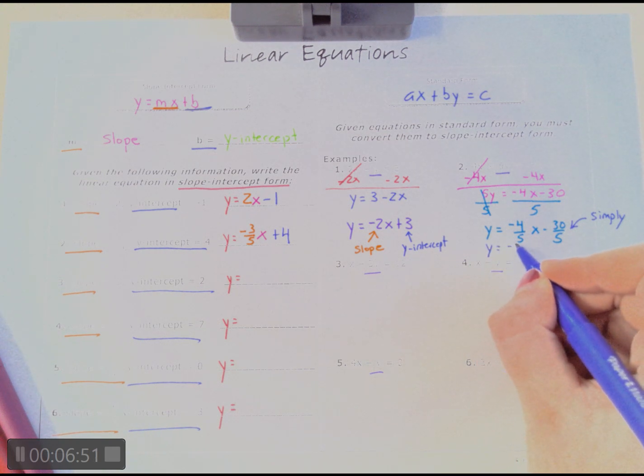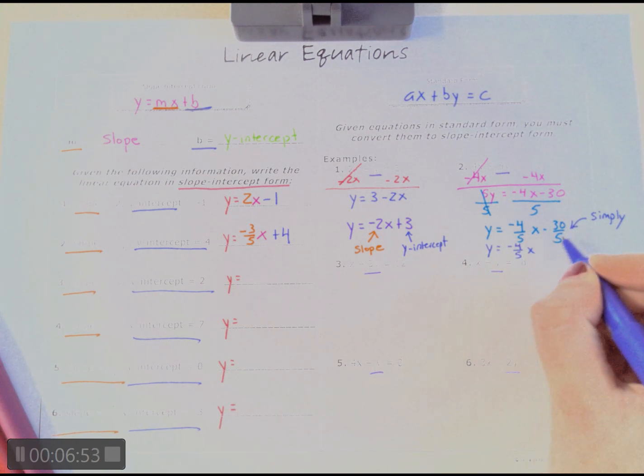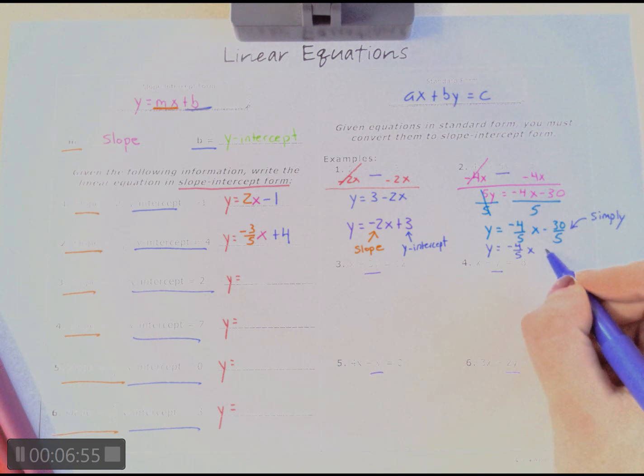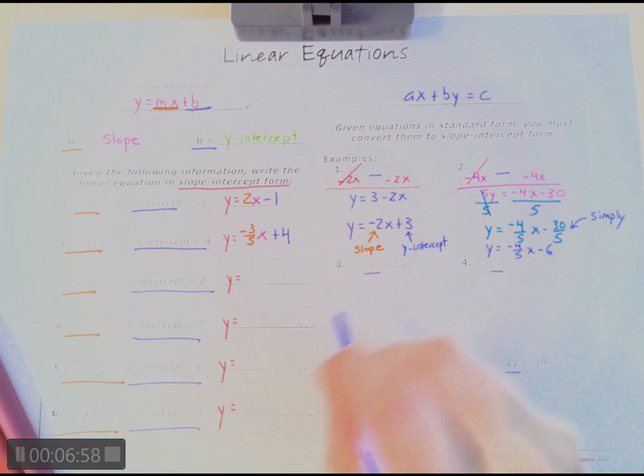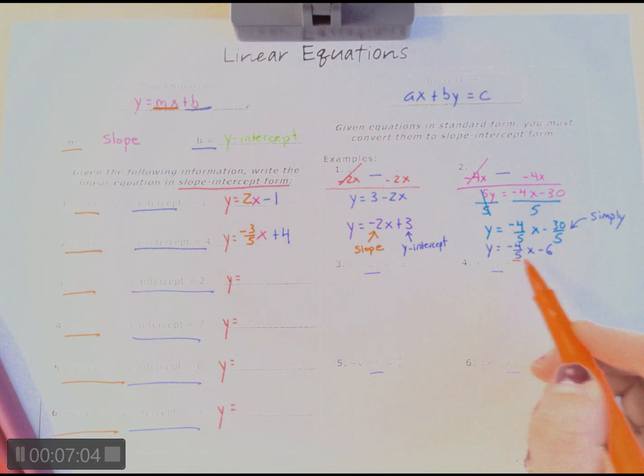So y equals negative 4 over 5x, and negative 30 divided by 5 will give me negative 6. Okay? And then slope of negative 4 divided by 5, and y-intercept of negative 6. Okay?